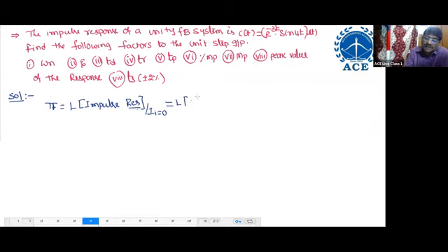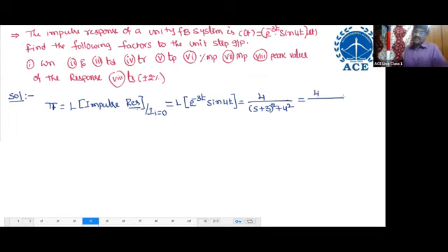Laplace of e power minus 3t sine 4t equals 4 by (s plus 3) whole square plus 4 square. That equals 4 by, expand the denominator, s square plus 6s plus 9 plus 16 means 25.